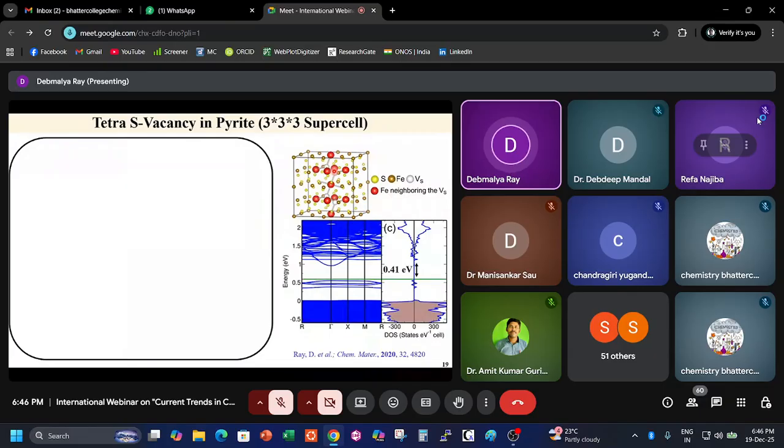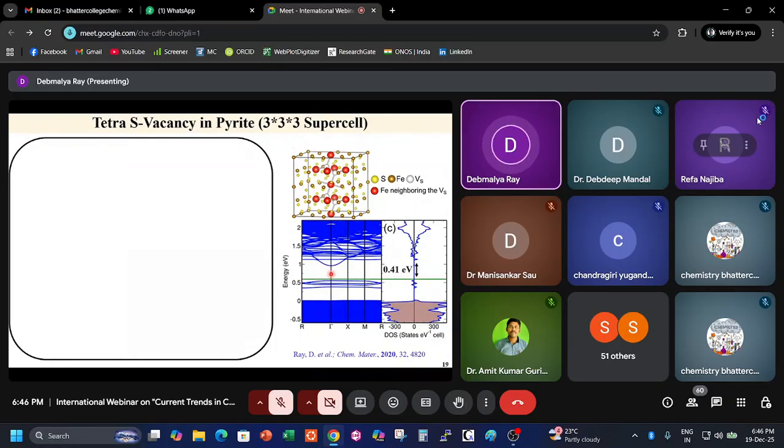When we did this calculation, for the first time we noticed that changing the supercell size actually changes our result. That means when we change the supercell size, we are actually changing the concentration of the defects. This is the result I'm showing with the 3x3x3 supercell, where the defect concentration is around 10 to the power 21 centimeter to the power minus 3.